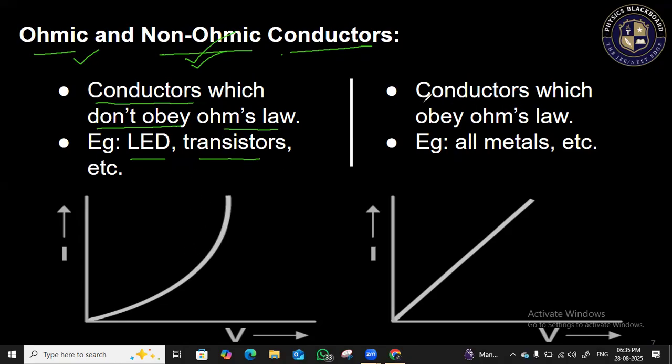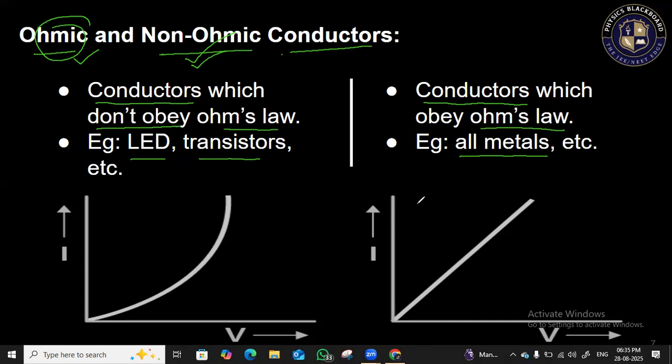On the other hand, you can see a few conductors that obey Ohm's law. Conductors which obey Ohm's law are said to be ohmic conductors. Almost all metals are ohmic conductors.